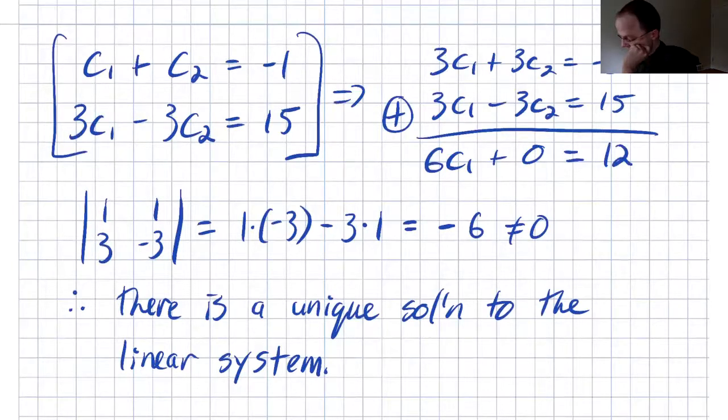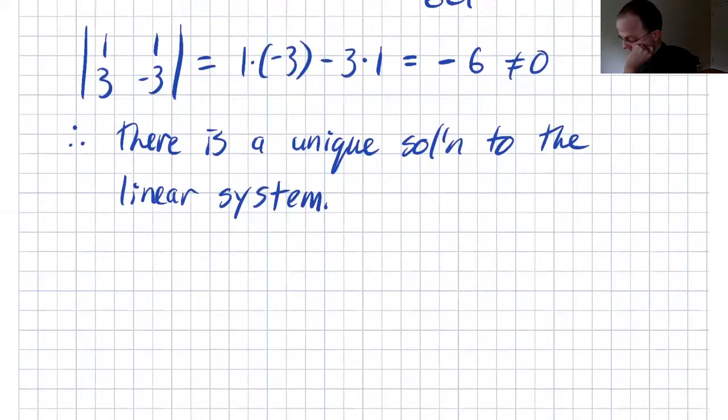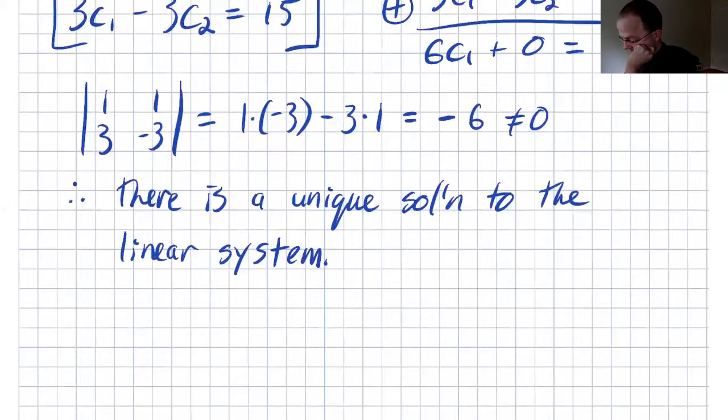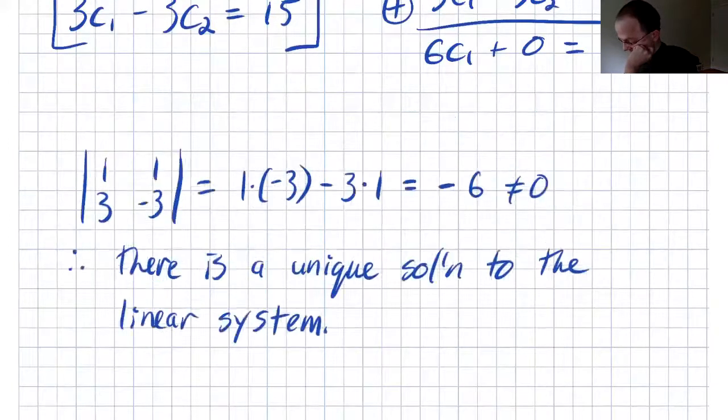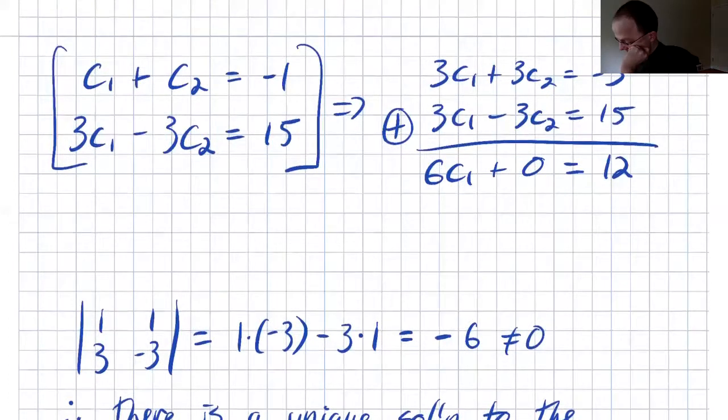So that tells us that, let's just move that down there, because I want to write it right here. So therefore, c1 is equal to 2. So there's our first value.